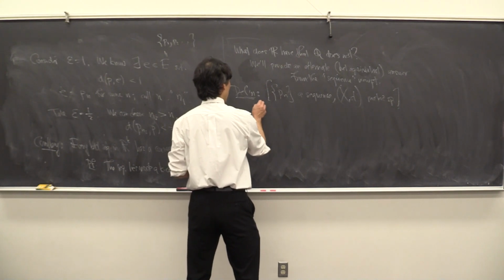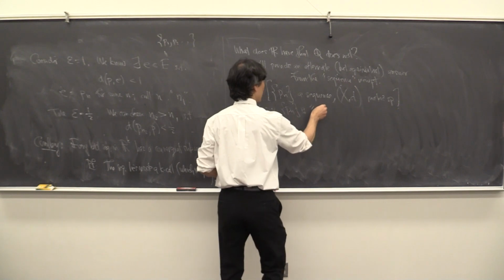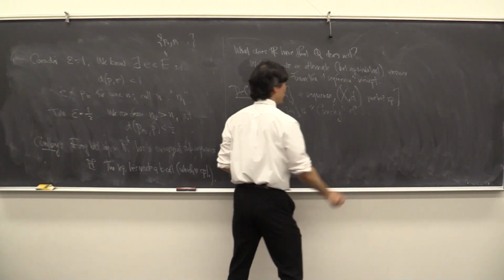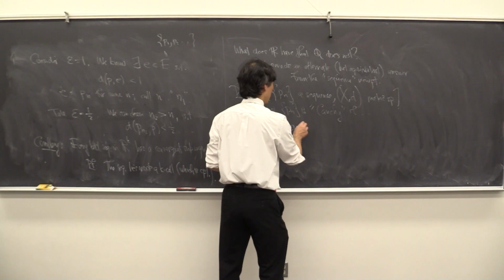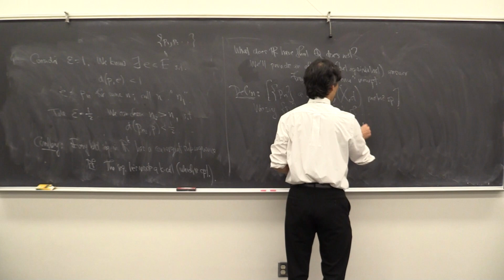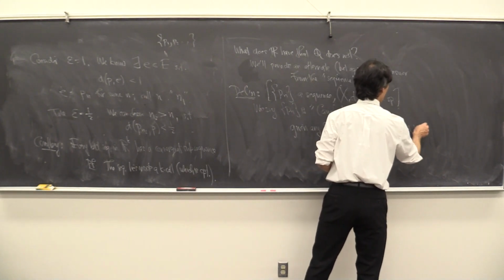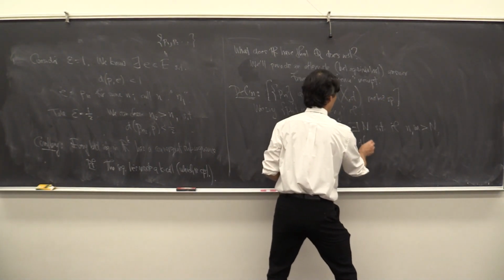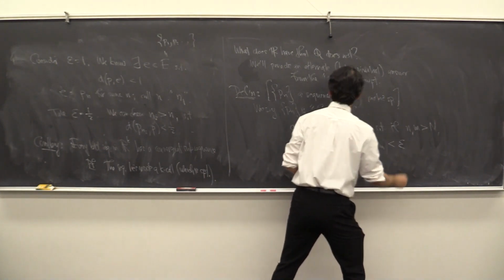And we say the sequence is Cauchy if it satisfies a particular property, and that is: given any epsilon greater than 0, there exists a time such that if you take any 2 points past that time, then the distance between those 2 points is smaller than epsilon.